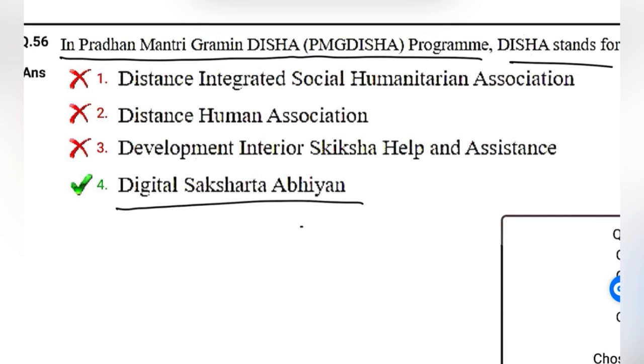It was launched in the year 2016 to 17. The goal of the scheme is to make at least one person digitally literate in each family.